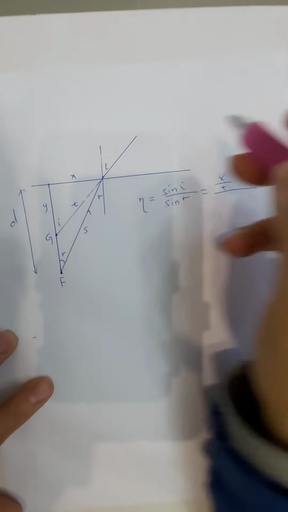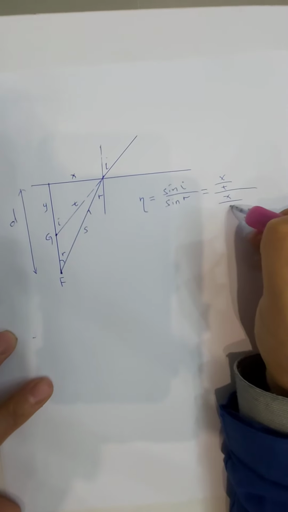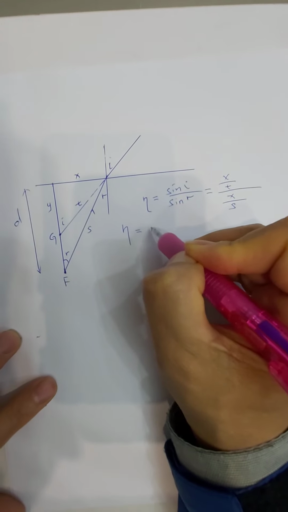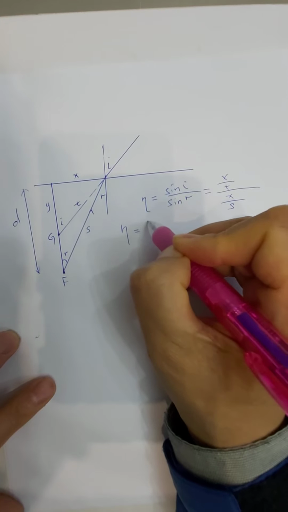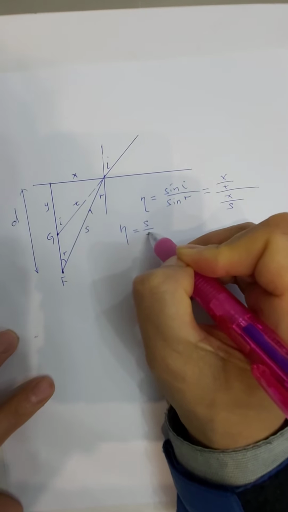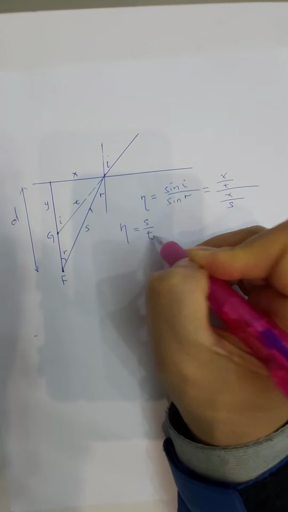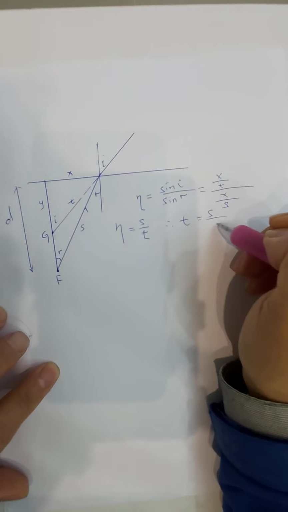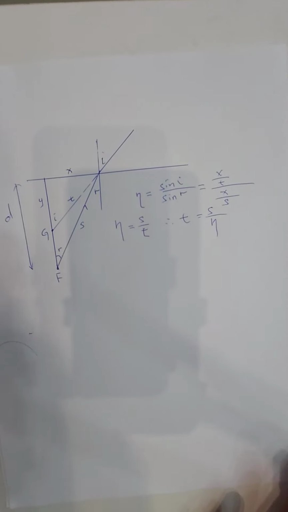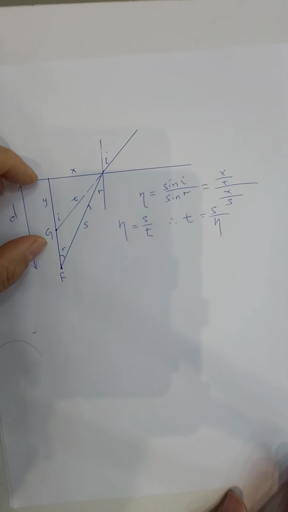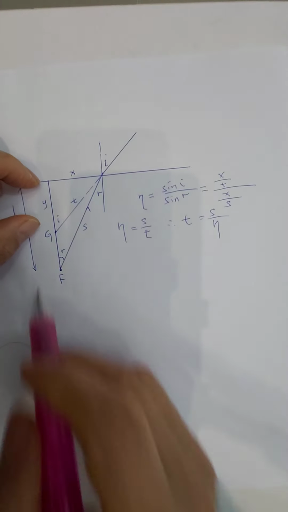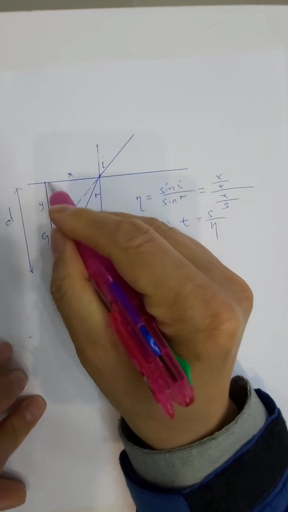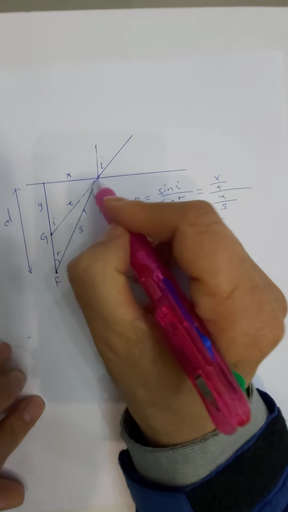R is this angle, so sine R is X over S. Simplifying, eta is equal to S over T. In other words, T, this side, is equal to S over eta. But what we are trying to do is see the trend of Y. What happens to Y as R increases? So we form an expression for Y. Now we've got a right angle triangle here.